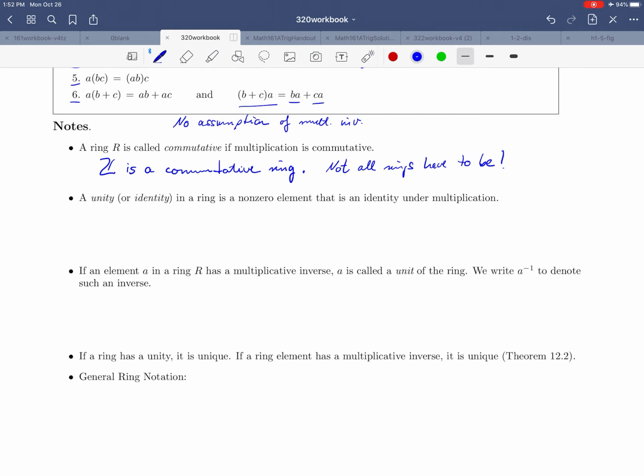Now, a unity or identity in a ring is a non-zero element that is an identity under multiplication. There was nothing in our definition of a ring that said that we had an identity for our operation of multiplication, but if we do, then we call it unity.